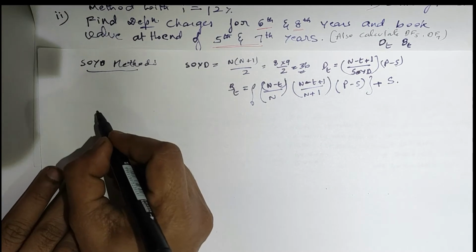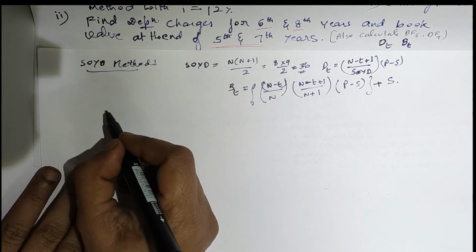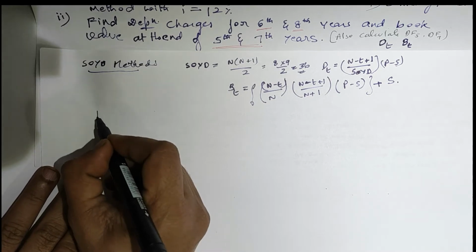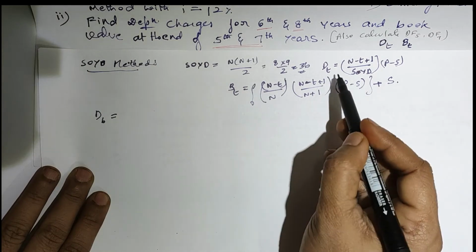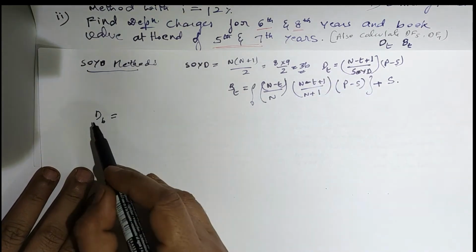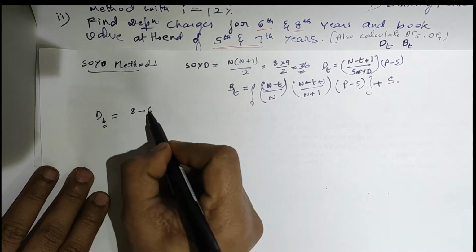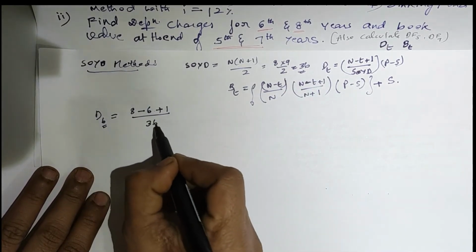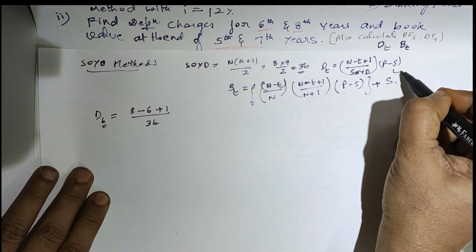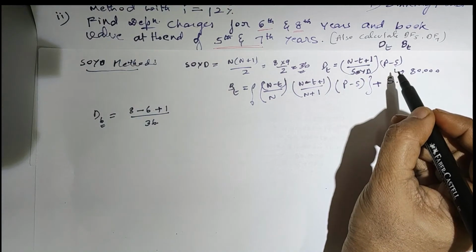So now if I want D6 and D8 to be found out, let us find out D6. The Dt formula, where D stands for depreciation charges: n is 8, t is 6, plus 1, SOYD we have already found out 36, p minus s is 80,000, we have already seen, 1 lakh minus 20,000.